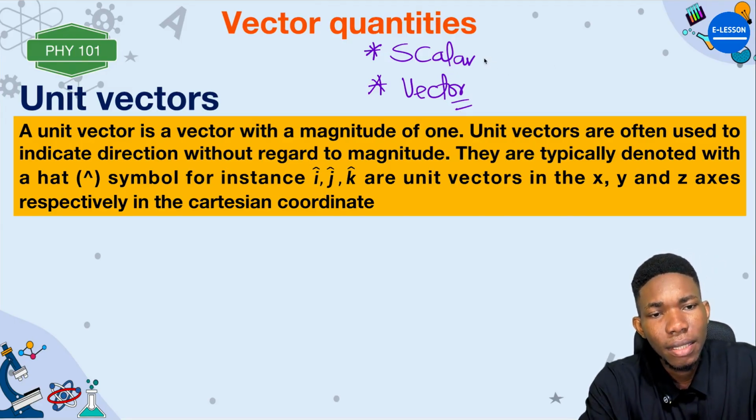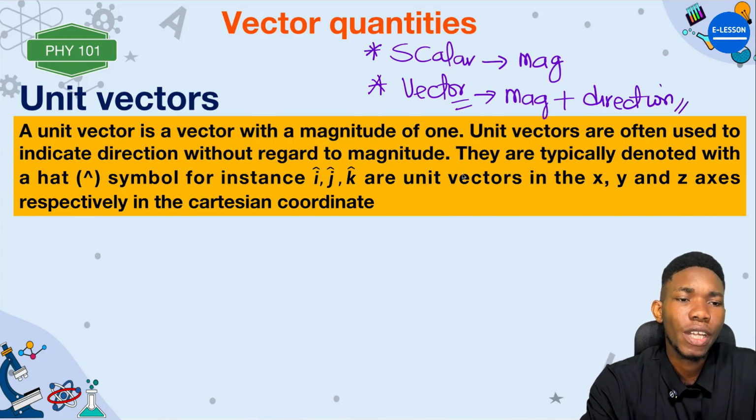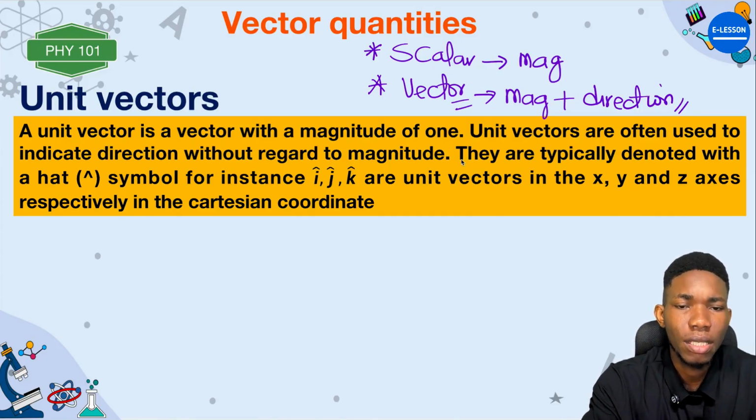We learned that scalar quantities are quantities that have magnitude but no direction, while vector quantities are those quantities that have both magnitude plus direction. Both magnitude plus direction, vector. Magnitude without direction, scalar quantity.